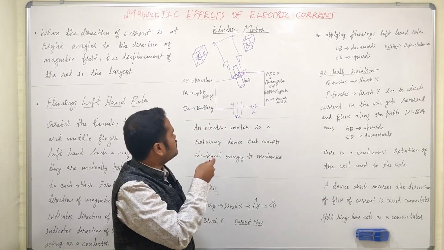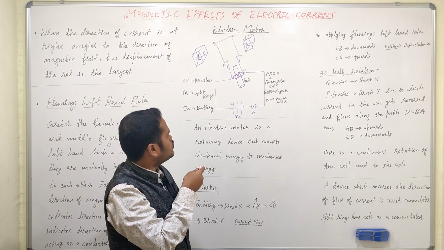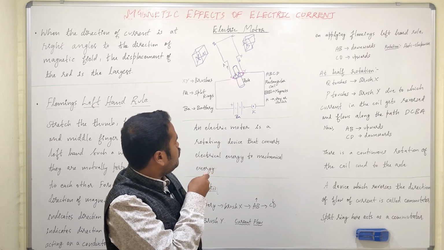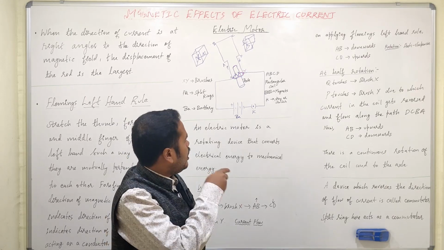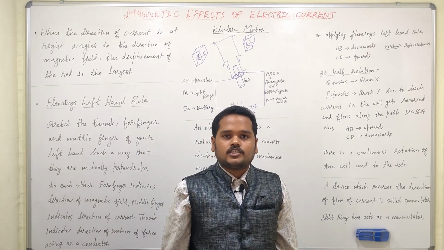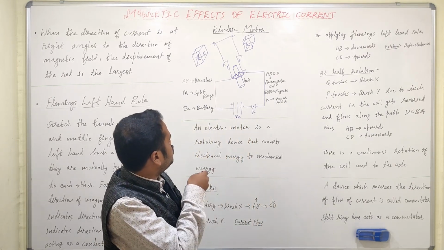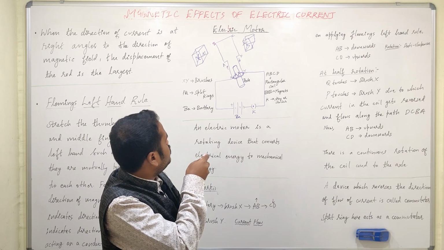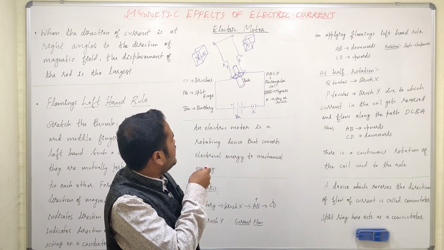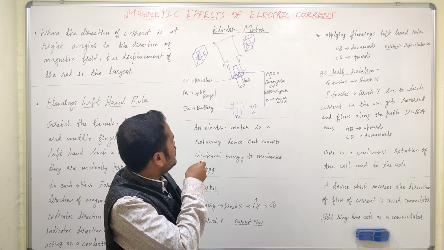Because of the split rings. As I said, these P and Q split rings change their position. Now Q goes off with X and P goes off with Y. Since the split ring changes its position, the current in the circuit which was flowing from AB to CD will reverse. That is, it will flow from DCBA.